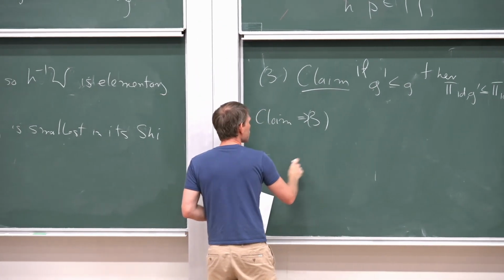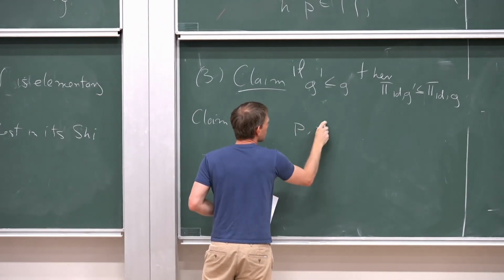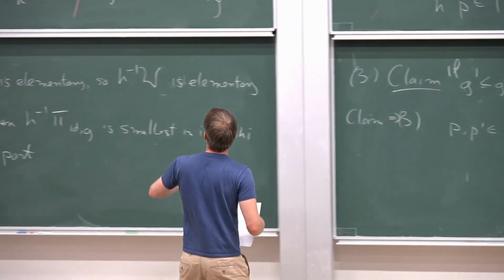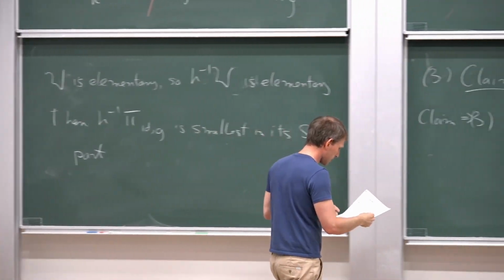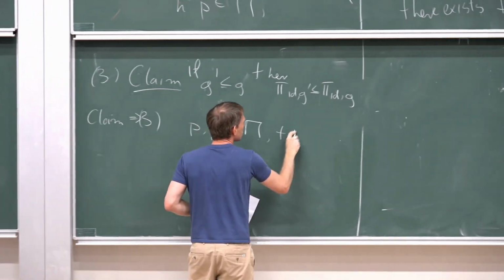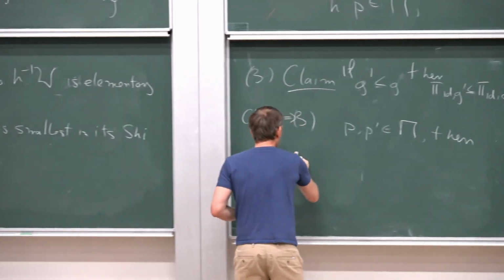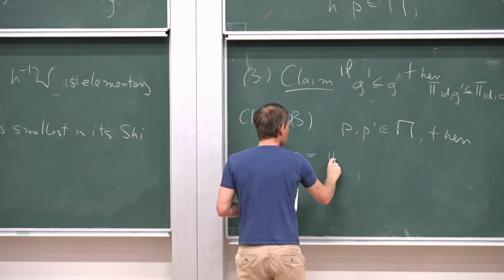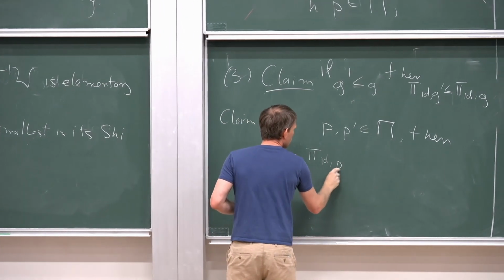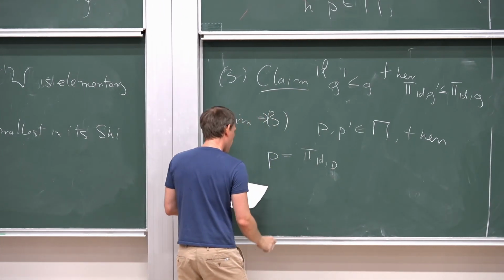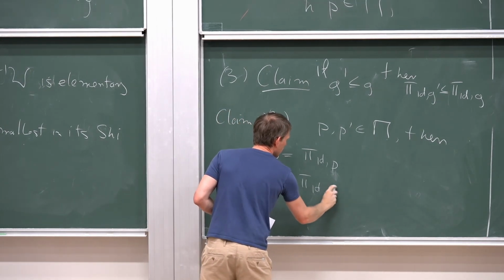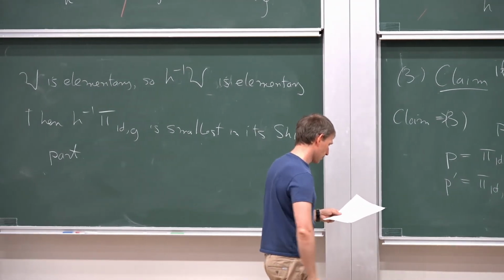So if you now take two elements, P and P prime, in our candidate set for the shadow, in this set of voracious projections, then P is the smallest one in its component, so P is its own voracious projection from identity to P, and similarly, P prime is its own voracious projection.